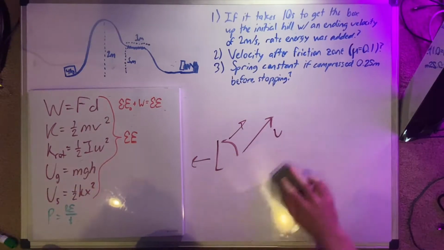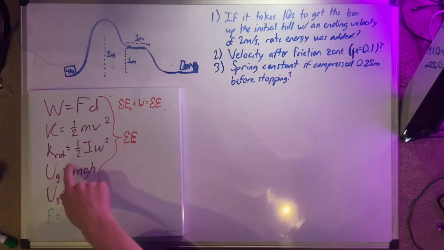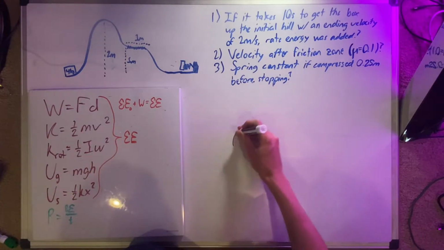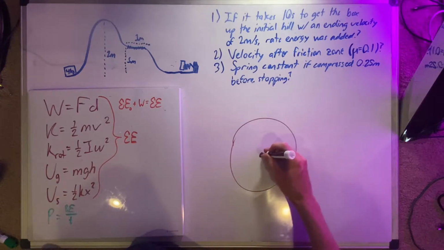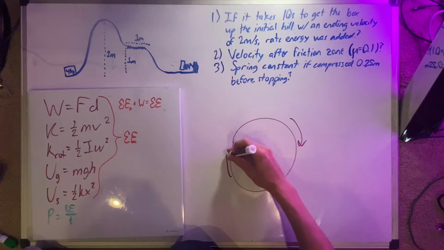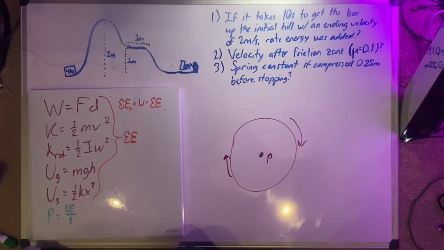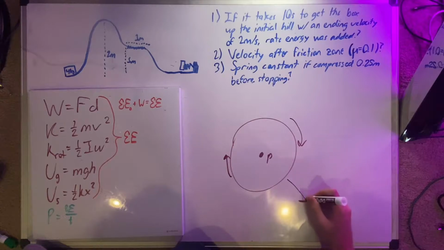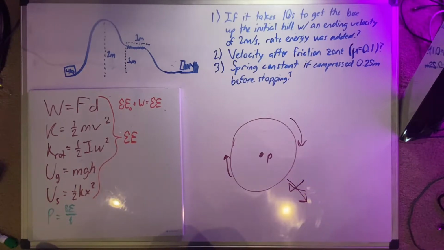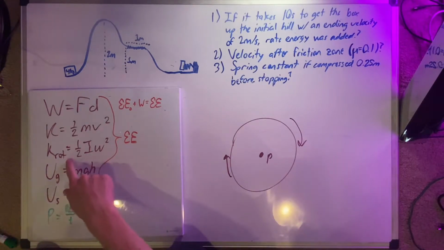But kinetic energy is only dependent on the thing moving linearly. K rotational is dependent on if you have, let's just say, a disk or a circle that is rotating about this center point P here. If it's rotating about this center point P without moving translationally, then it would have only K-rotational.